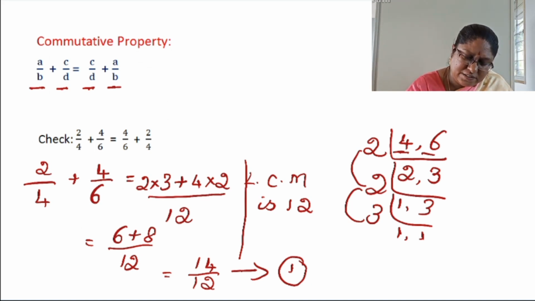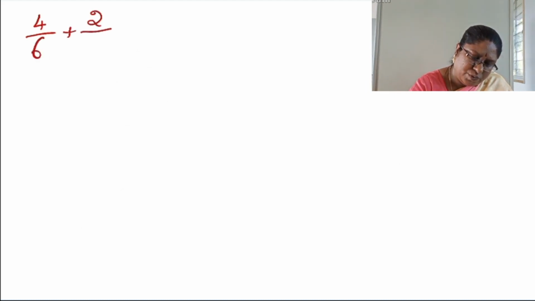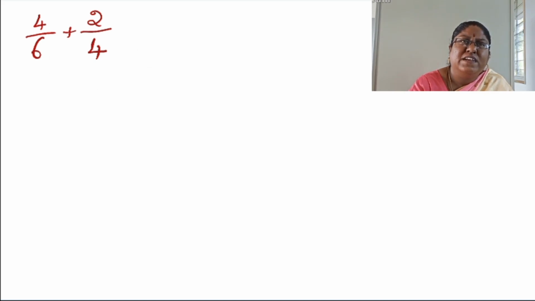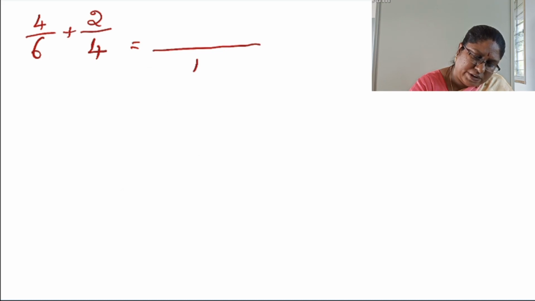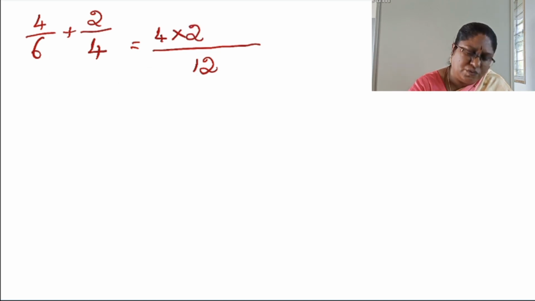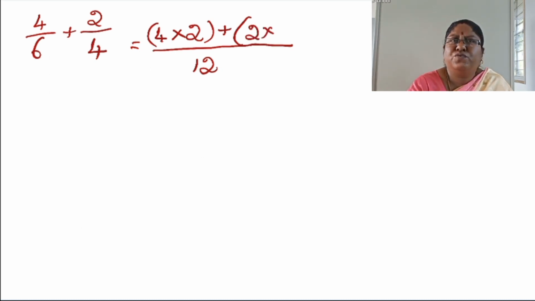Next side, shall we take? We will prove that: 4 by 6 plus 2 by 4. Same as the first. You have already found the LCM, so we will do it directly. What's it? 12. 6 2s are 12. So multiply the numerator above by the same 2. Then you add. Next, the denominator is 4. So 4 into which number will you get 12? 4 3s are 12.